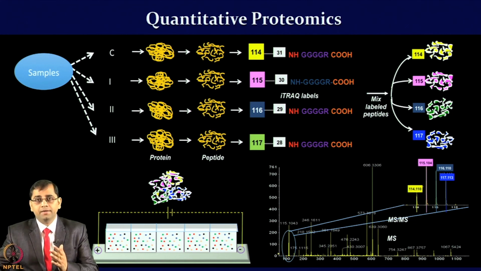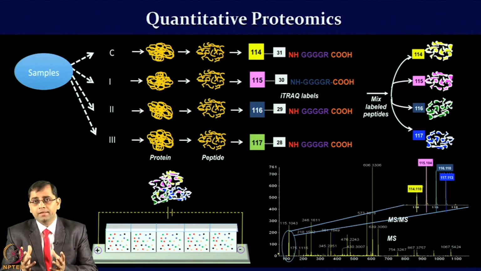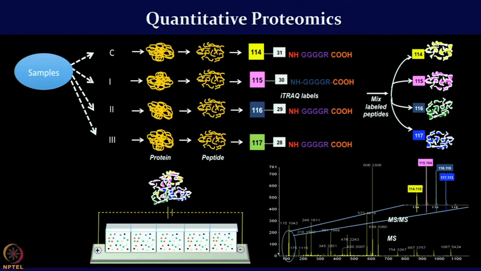So, we label all the 4 different conditions using 4 different iTRAQ labels, which give you the reporter ions from 114 to 117, and these reporter ions you analyze in the mass spectrometer, which is further used for peptide quantification and protein quantification.